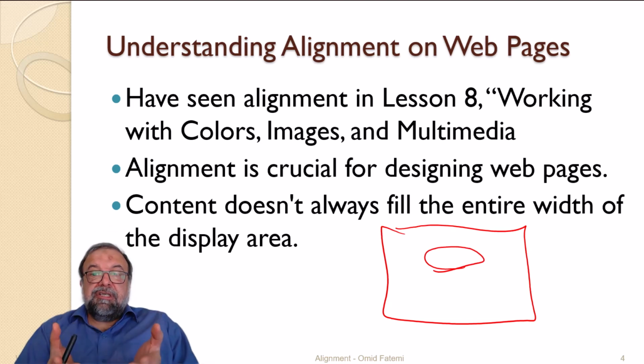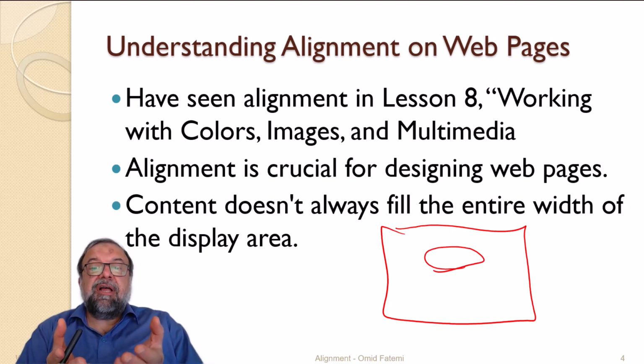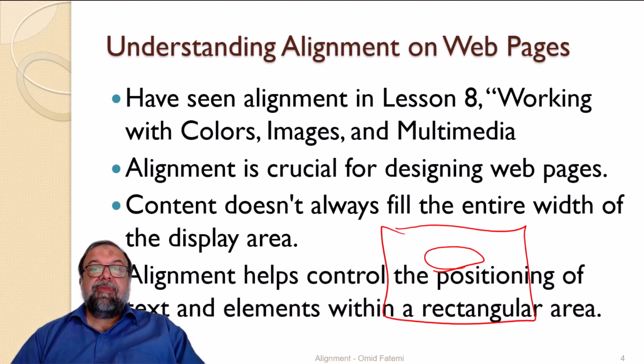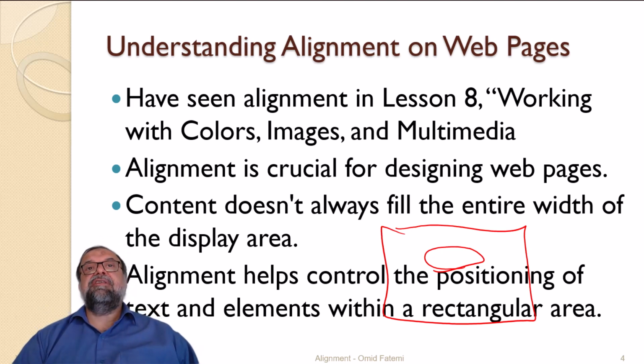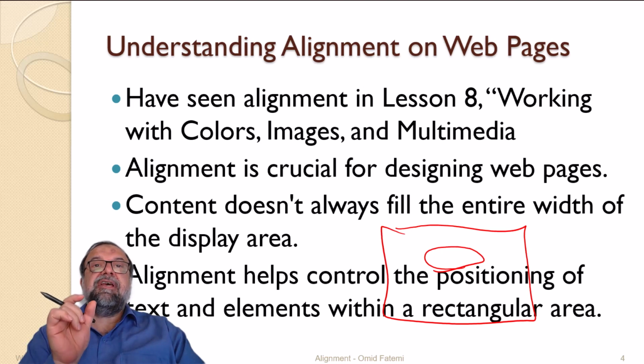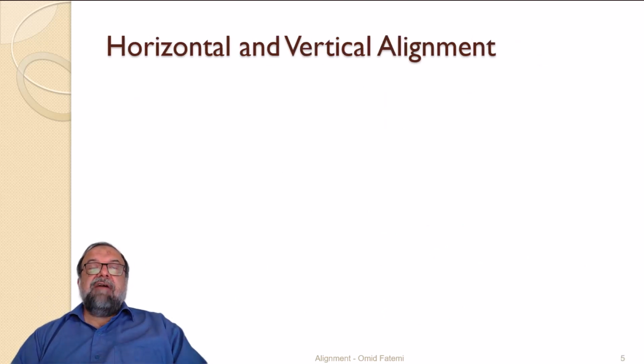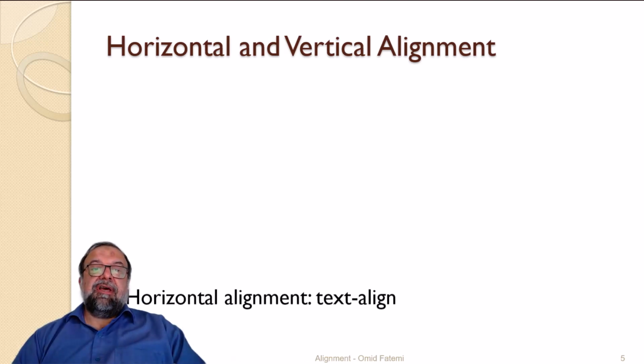So we have to think about where it should be aligned: left, right, top, bottom, and so on. Alignment helps control the positioning of anything, either it is text, image, or elements, inside the rectangular area of the component. So here we have horizontal and vertical alignment.